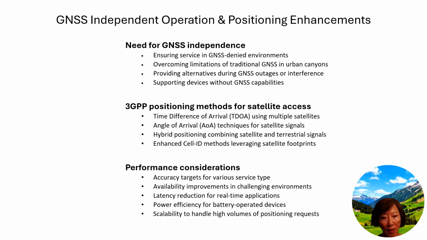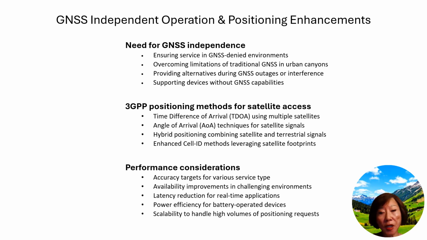Okay, let's take a look at GNSS, which, as you know, stands for Global Navigation Satellite System. GNSS independent operation and positioning enhancements. These enhancements are crucial for scenarios where GNSS is insufficient or unavailable.